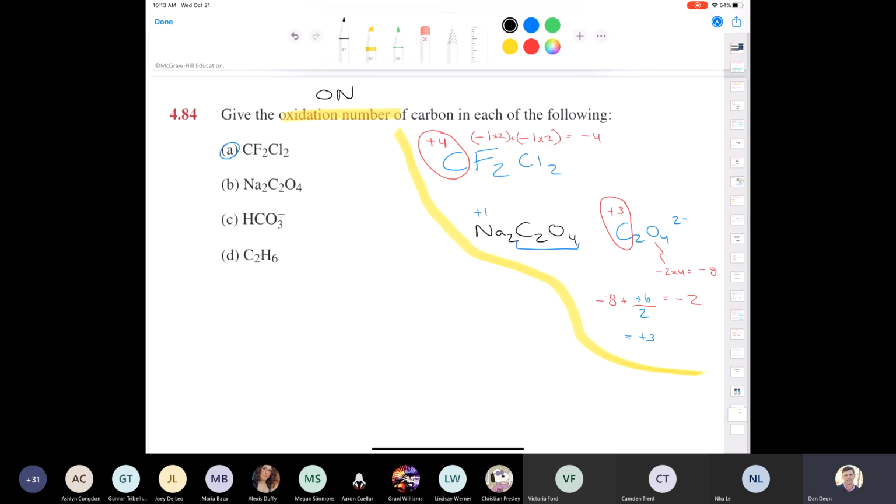The next one is the bicarbonate ion, or the hydrogen carbonate ion. So we have HCO3 minus. The oxidation number of our hydrogen is +1. So that tells us that CO3 overall, the carbonate, has a charge of 2-. Oxygen has an oxidation state of -2 times 3. That gives me -6. -6 plus something equals -2, right?